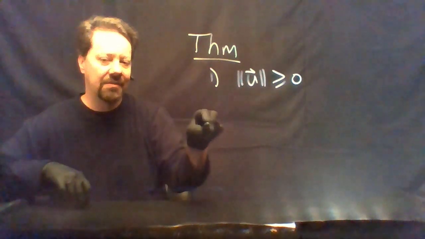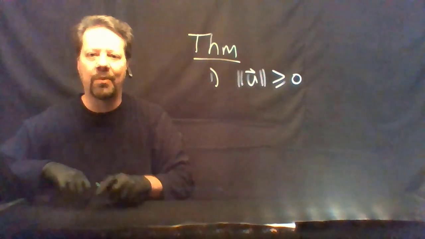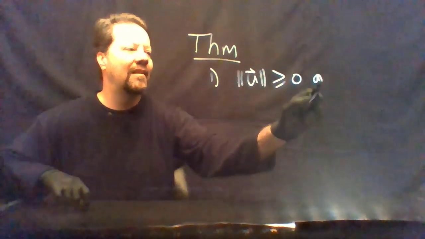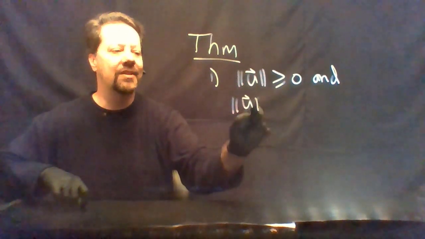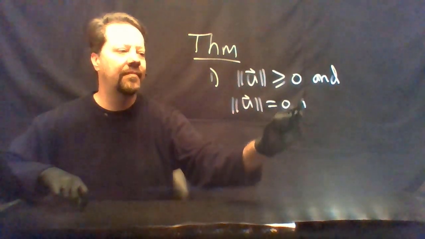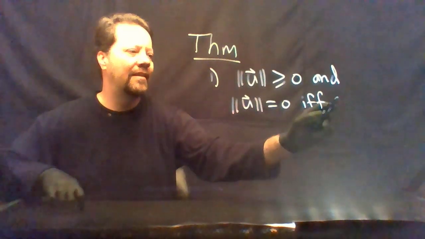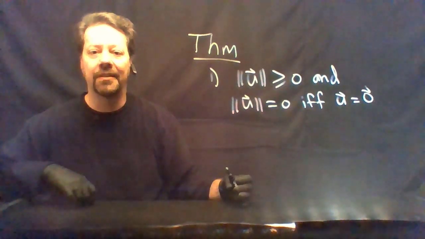Remember, the radical symbol doesn't mean any old square root. It means the principal one, and that's the non-negative one. And under what conditions can the length be 0? That can only happen if u is the 0 vector.